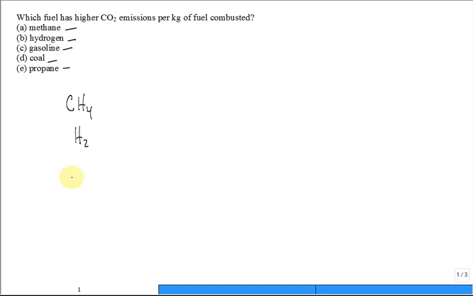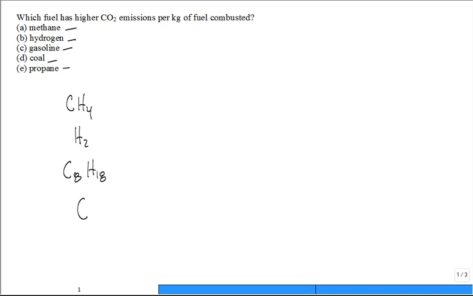Hydrogen, gasoline we model as octane, C8H18. Coal, I know it's not 100% by mass carbon, but the good coal is a higher percentage by mass carbon. Let's say it's 90-some-ish percent, close enough to 100%.